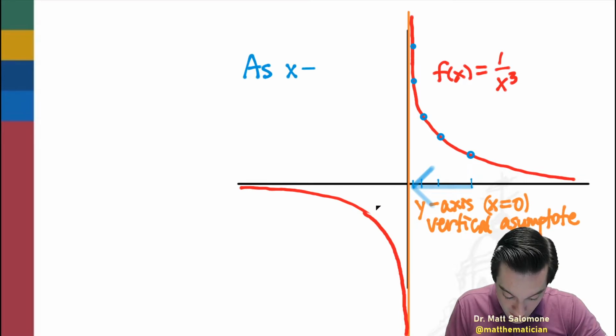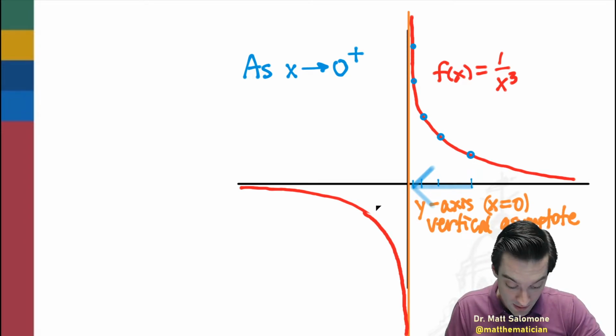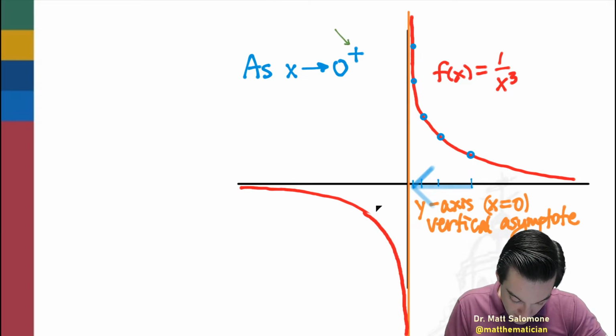As my x values get closer to 0, but they do so from the right side, we'll use this little plus up here next to the 0 to communicate that we are thinking about positive values of x. Often, particularly in your calculus class, you'll read this plus in English by saying from the right.